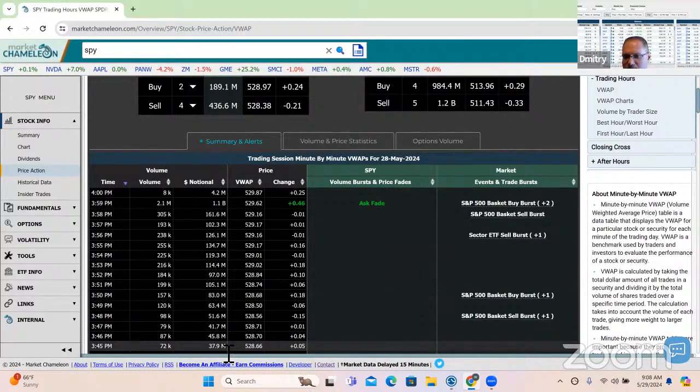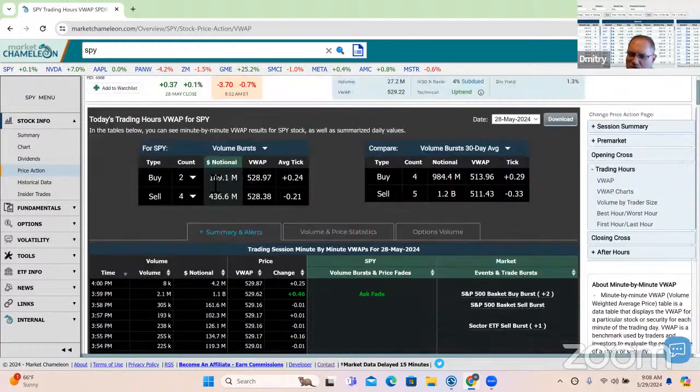What we can do is look at any particular minute, if something unusual happens, and analyze it further. So up top here, we're looking for volume bursts, which are an unusual amount of trading activity for that particular minute for that time of day.